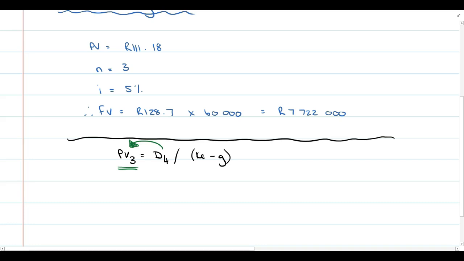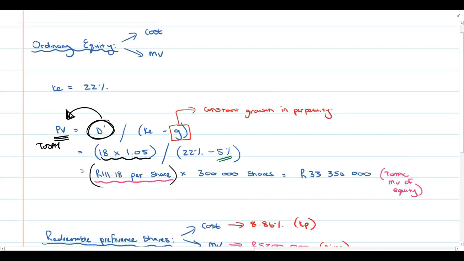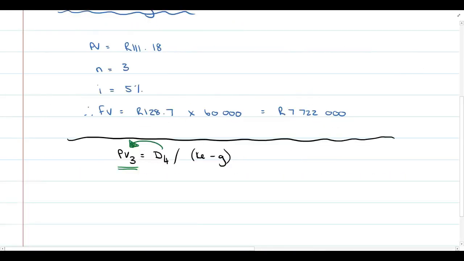So please note, you can see I'm applying exactly the same logic. If I want the value of the shares today, I use D1 in my calculation. If I want the value of the shares in 3 years' time, I use D4 in my calculation. You always use the next expected dividend.